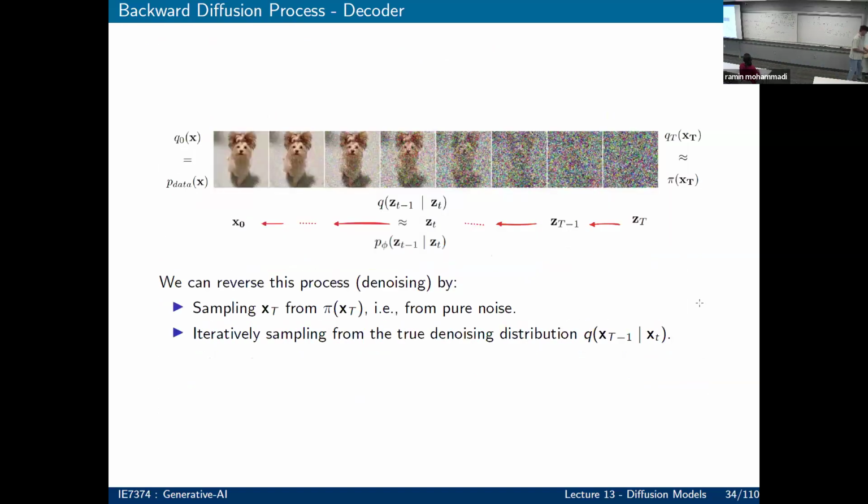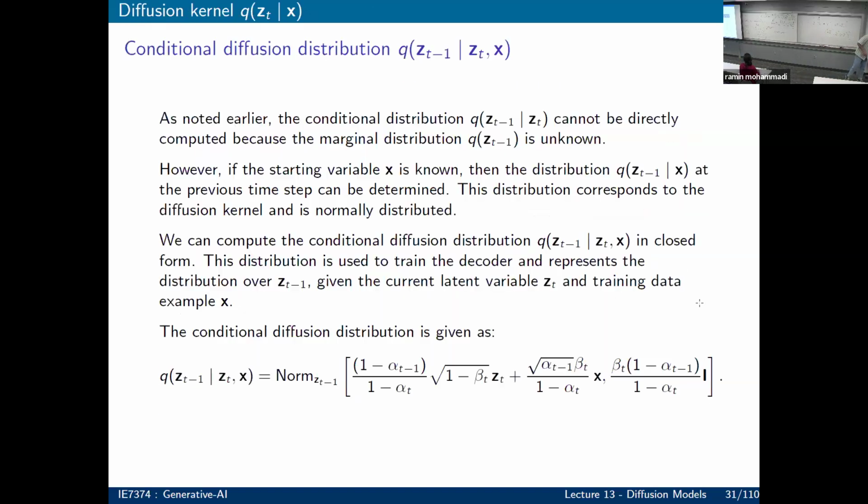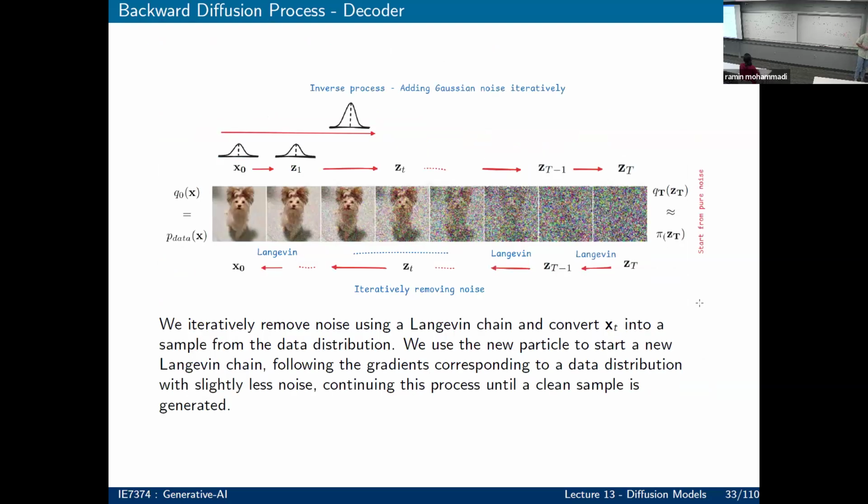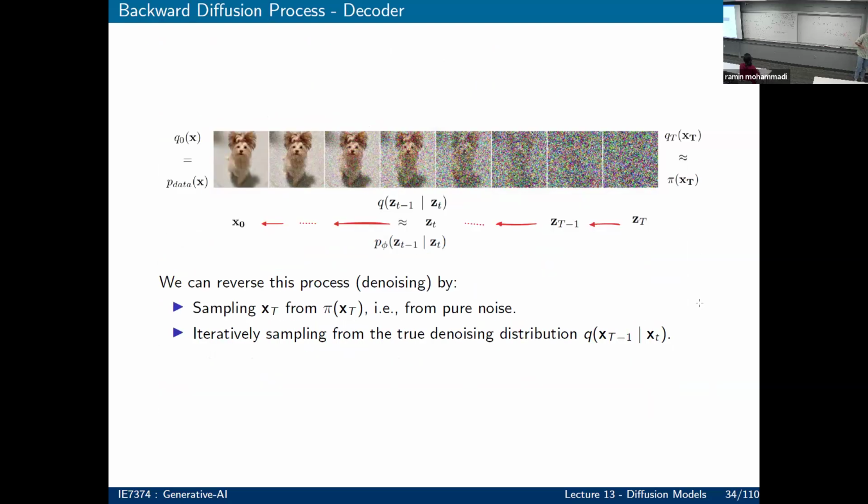Now, in the process of backward, if you think about this conditional, this is also part of the backward. That inner part, that mean value, is not that easy to calculate. So here, in the process of backward using Langevin, what we are saying is that instead of using that equation to find that mean, let's have a model.